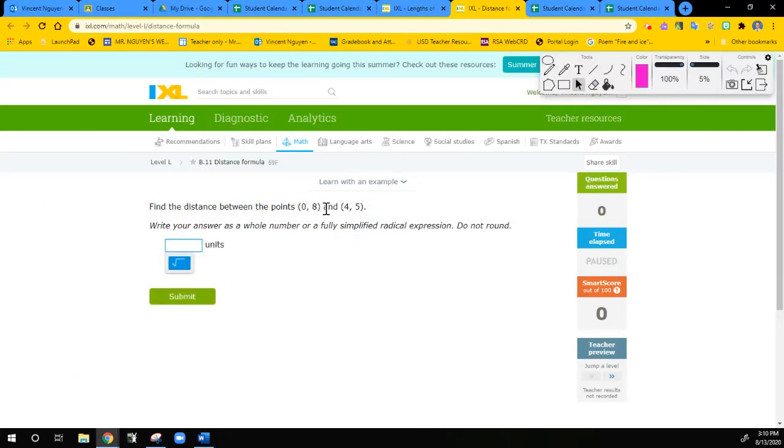So here we have the ordered pairs 0, 8 and 4, 5. So according to the formula, the square root of, so from here to here, this is your y squared, okay? So I'm adding x squared to y squared. And x squared is the distance from x to x, and y squared is the distance from y to y, and then you square them.